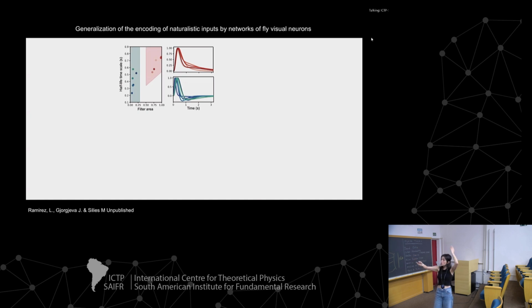What we did was to change parameters to fill all these blue and red regions to describe different types of potential biological filters in the fly. So here you see some examples of filters that are not in the fly, but kind of look like the filters that the fly has.